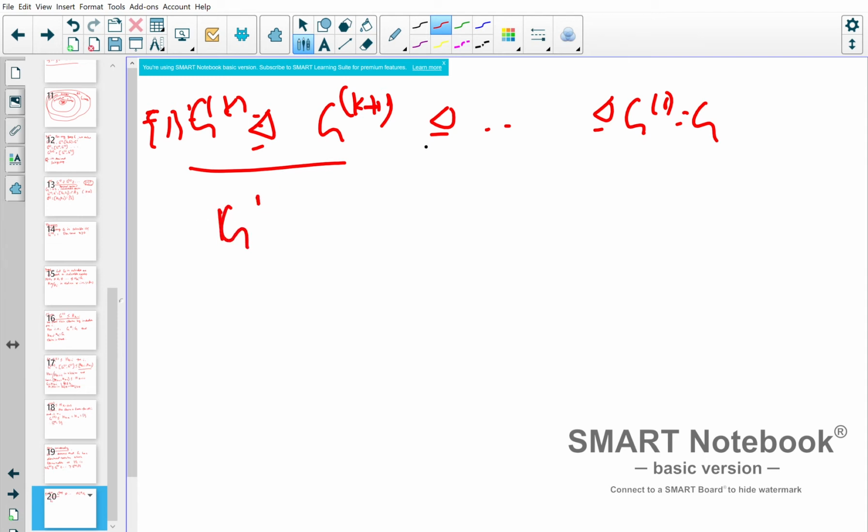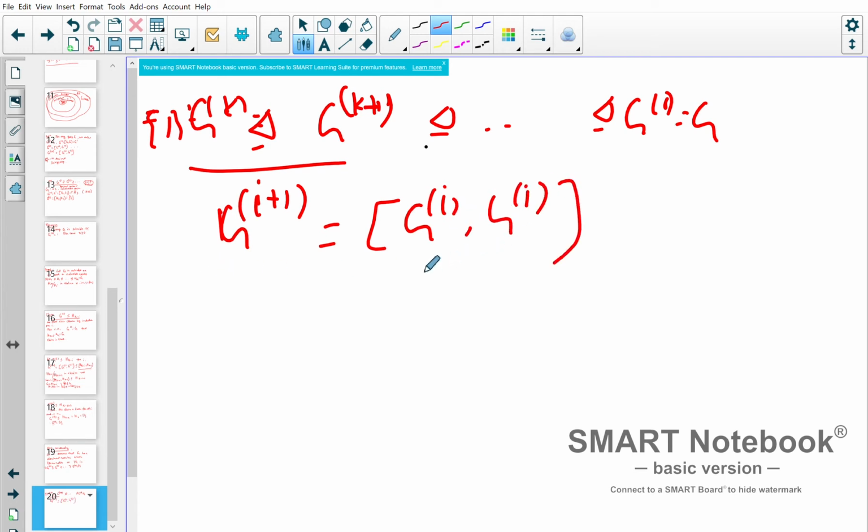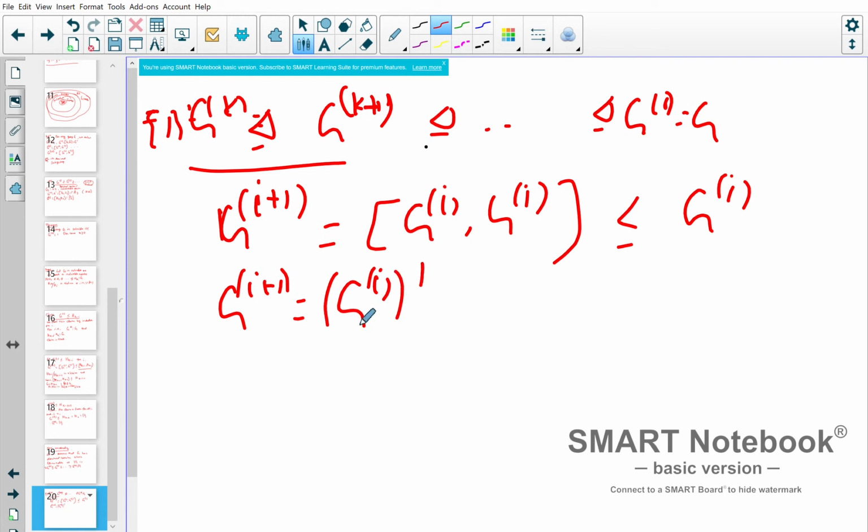G(i+1) is actually the derived subgroup of Gi. And what does that mean? This is sitting inside Gi, obviously, being a derived subgroup. So the derived subgroup of Gi is sitting inside Gi.